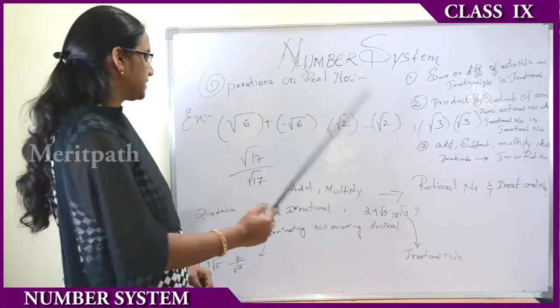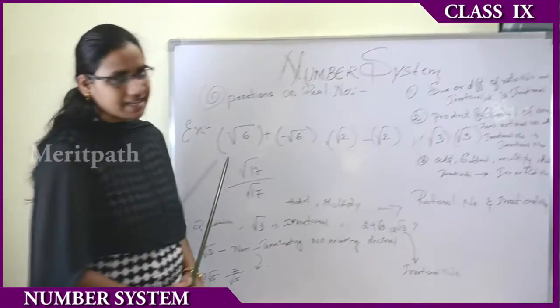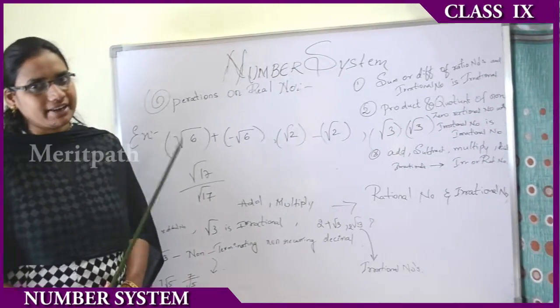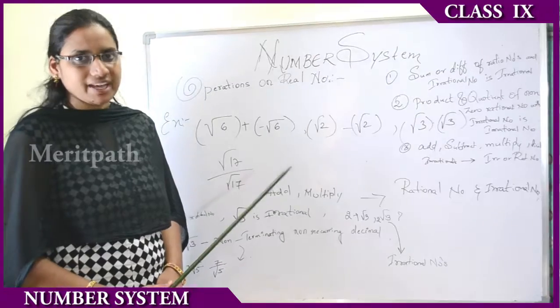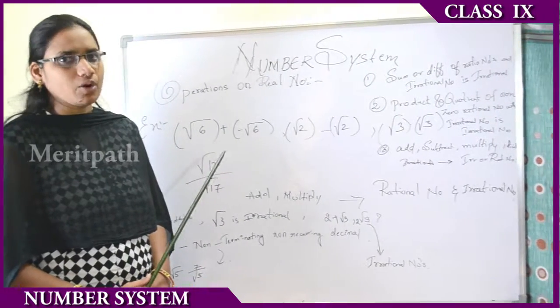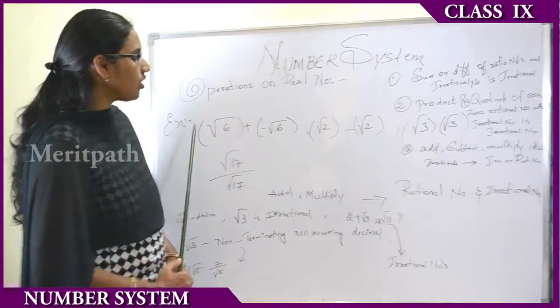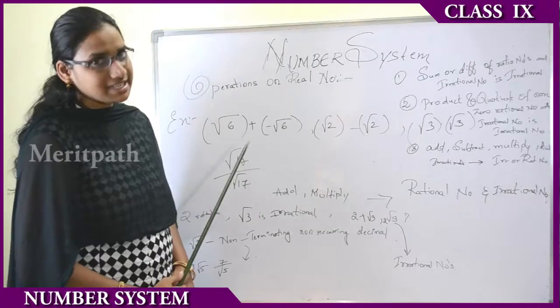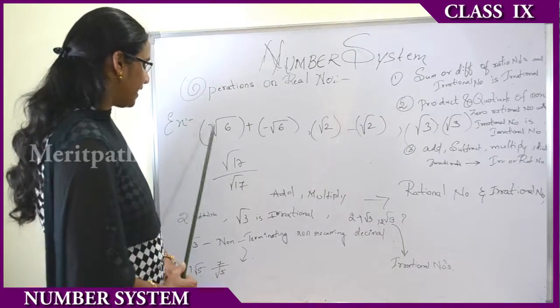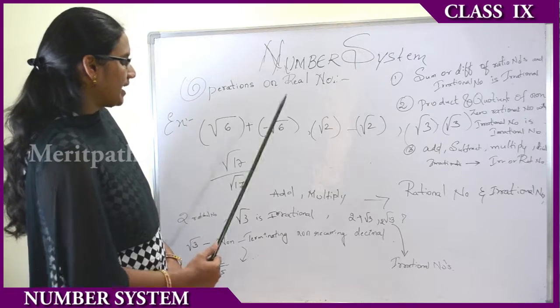Operations on real numbers. For example, let us take a rational number and an irrational number.